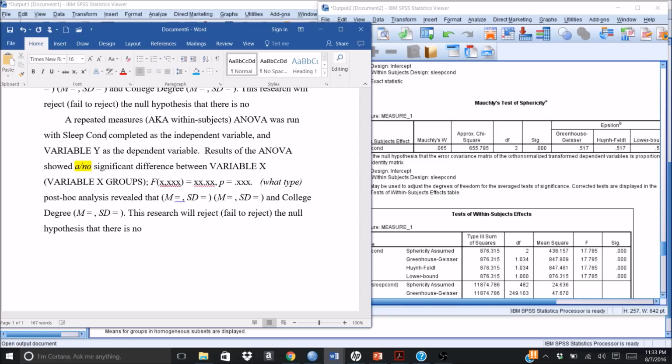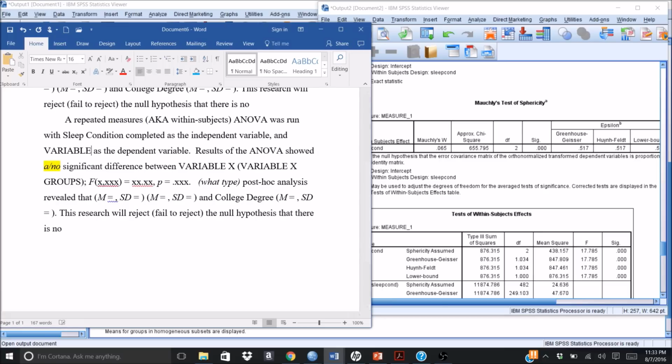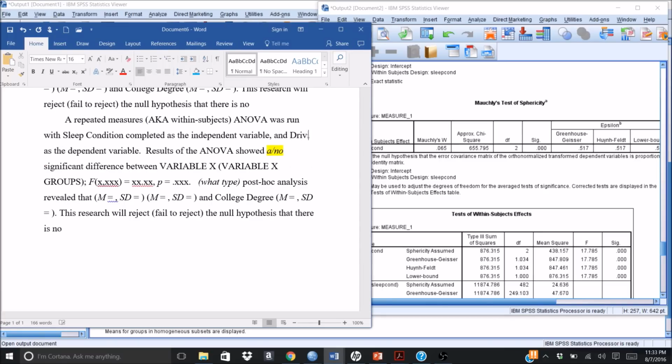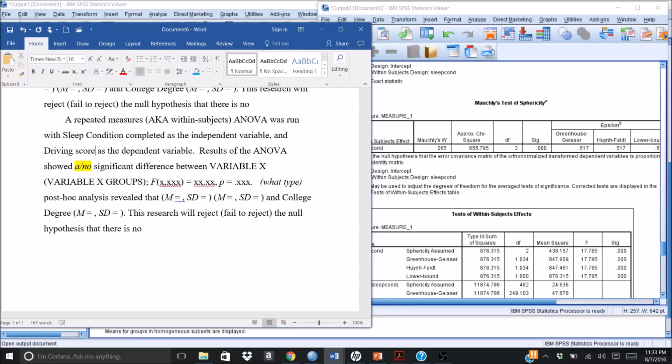And my dependent variable is, we'll call it driving score. And the results, like I said, it is a 0.000, which is less than 0.01. So there is a significance.